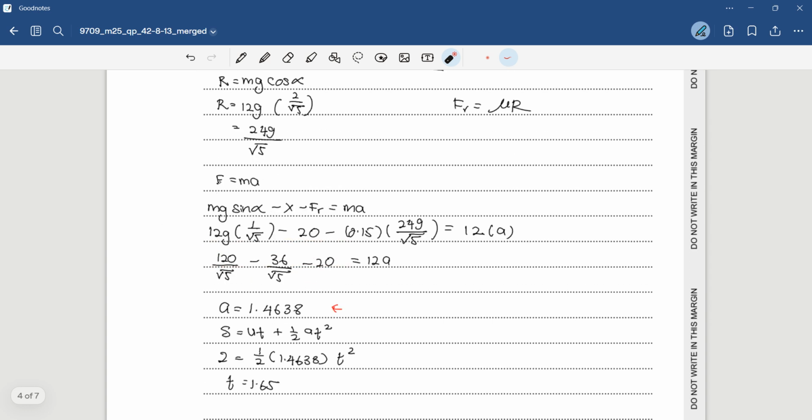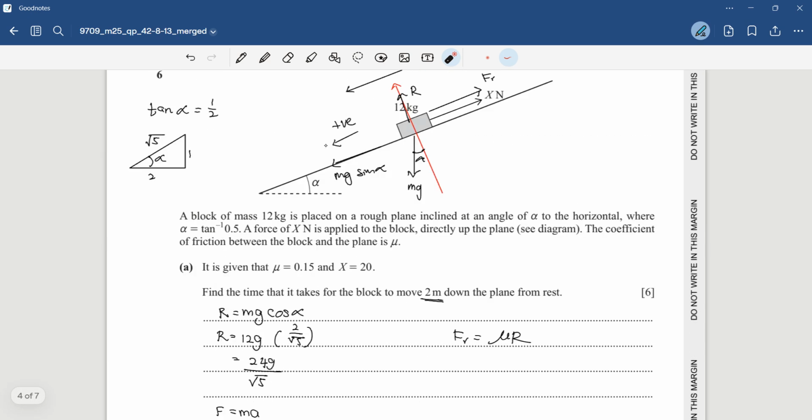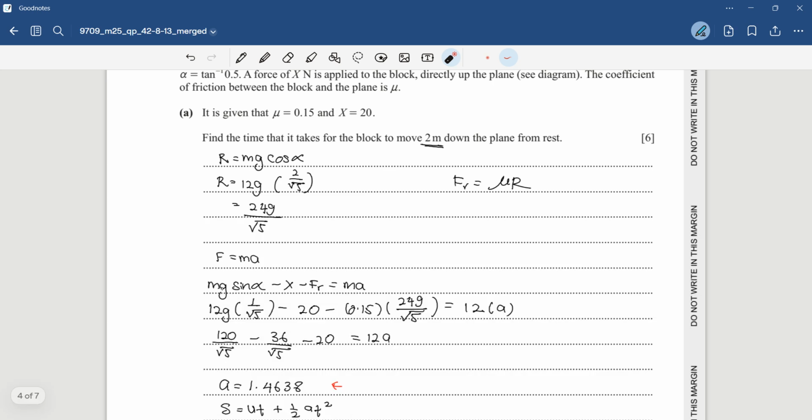So I use F equals ma and resolve in the horizontal direction, and for this the downward direction I put as positive. So for me, mg sine alpha minus x minus Fr is equal to ma. Why I put the downward direction as positive is because since it is moving downwards, I always assume the direction of motion will be positive for my case.